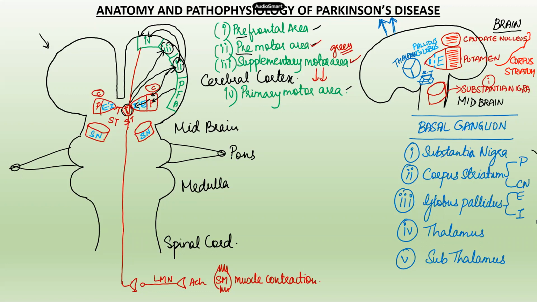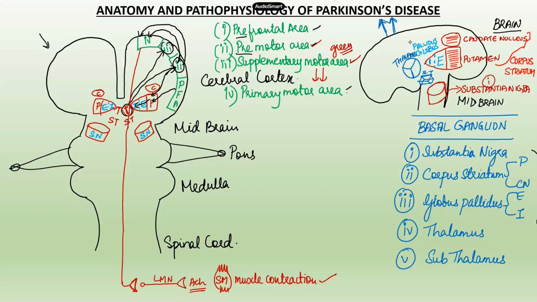And from the primary motor area, as you know from your physiology, this is the place where your corticospinal tracts arise. And the corticospinal tracts end in your lower motor neurons, which release acetylcholine that acts on the skeletal muscle and causes muscle contraction. So kicking a football, waving hi to your friends, or doing any activity will require this step.